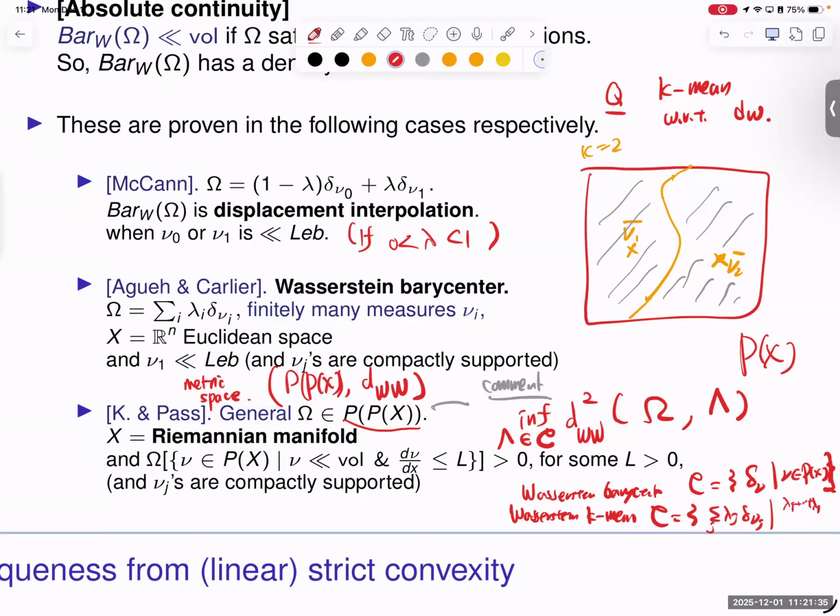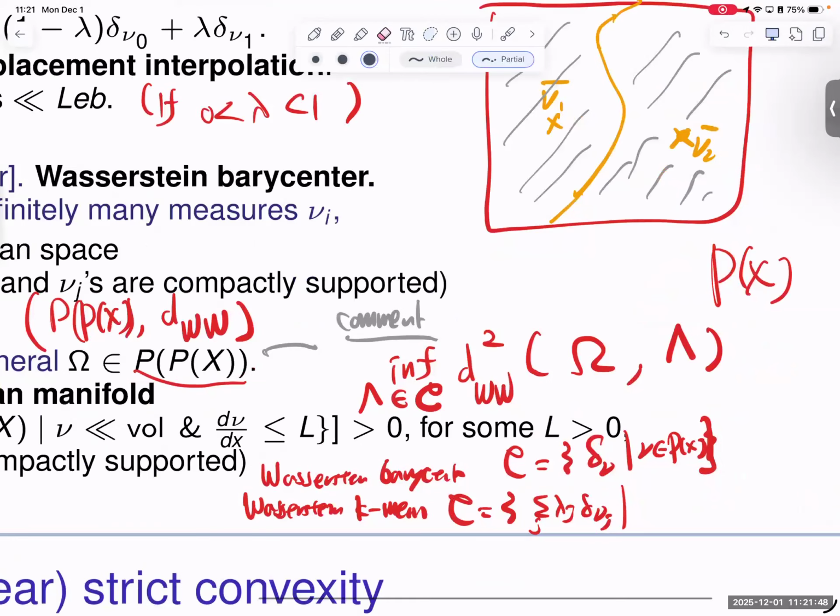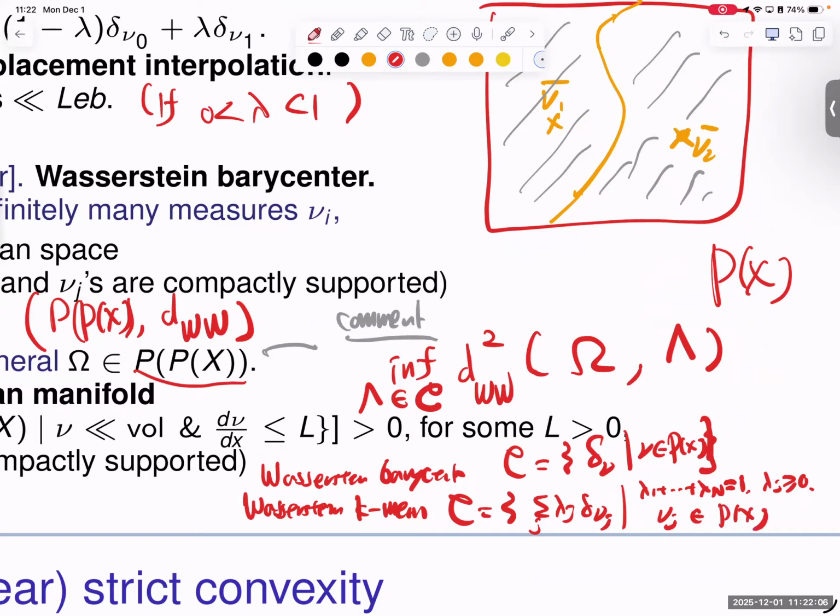These lambdas are relative weights, and then the nu j's are in Px, and then n is not n, it is k, with j equals 1 to k.